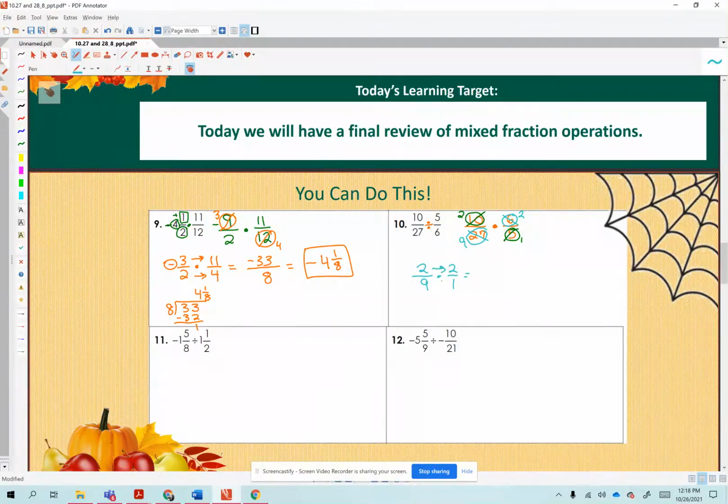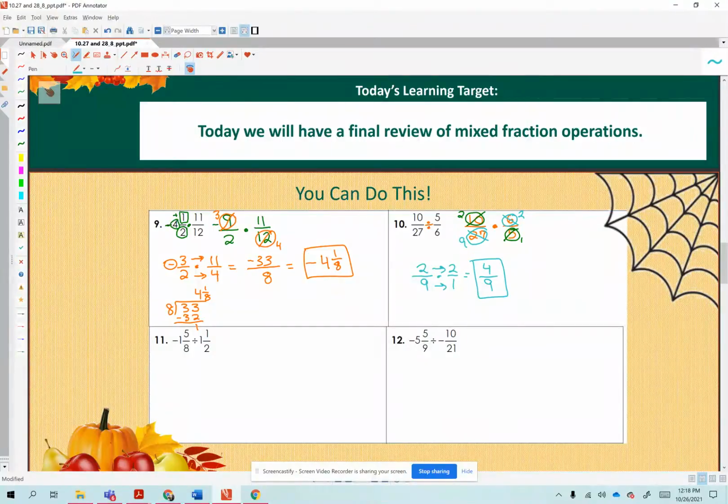And I just multiply straight across. 2 times 2 is 4, and 9 times 1 is 9, and that is a final simplified answer. So let's move on. We have two more before we get to our applications.